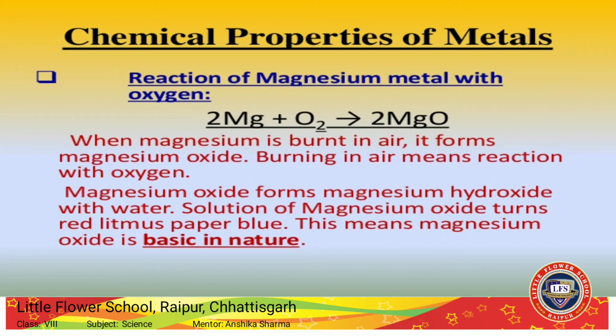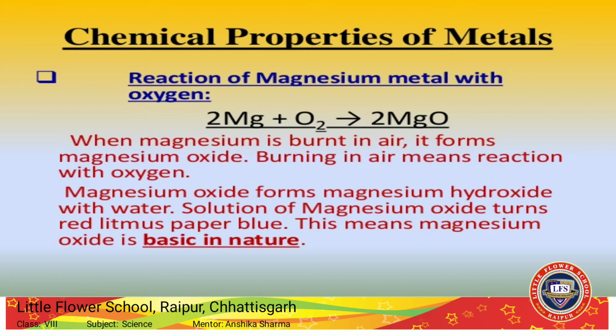Next is reaction of magnesium metal with oxygen. Now magnesium is reacting with oxygen. Okay, 2Mg plus O2 gives 2MgO. When magnesium is burned in air, it forms magnesium oxide.